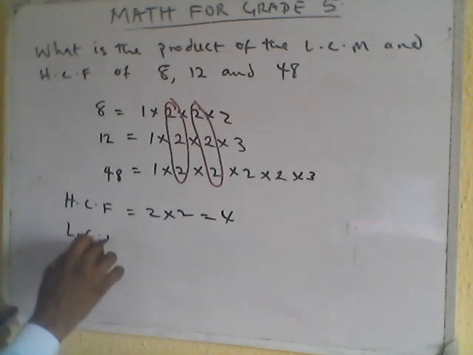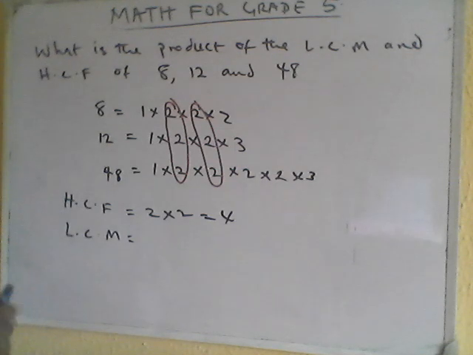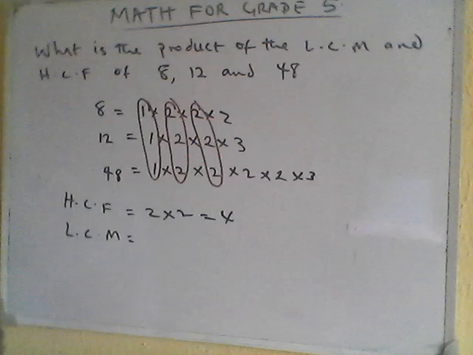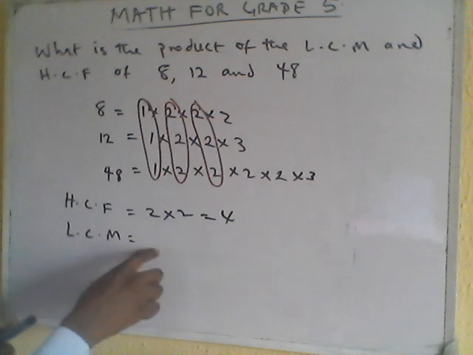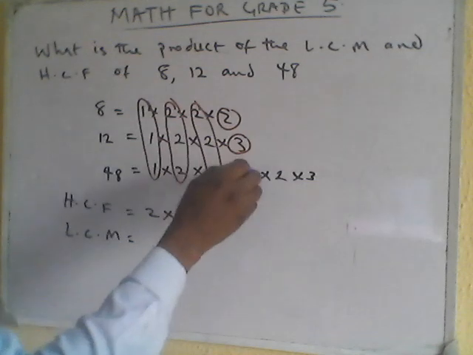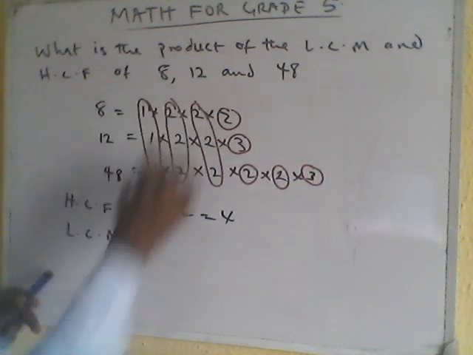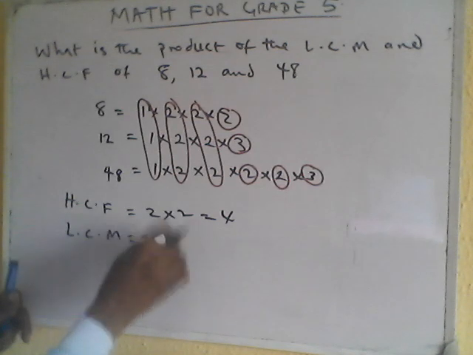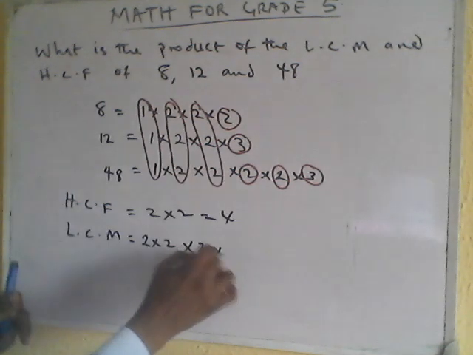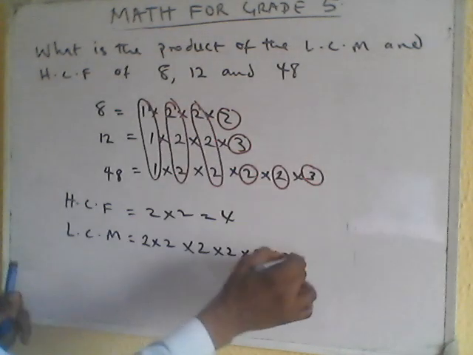But for LCM, I'm still going to classify. This one too is part of it, but 1 does not contribute. For LCM, I'm also going to multiply by the standalone. So for LCM, I will say 2 times 2, times 2, times 2, times 3.